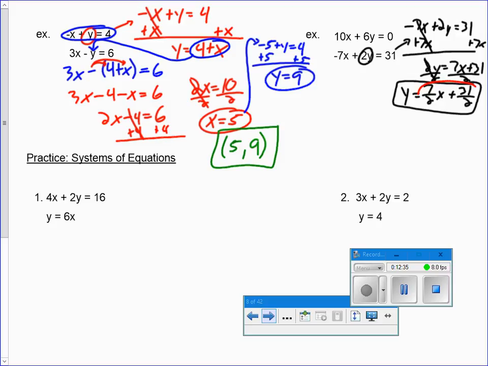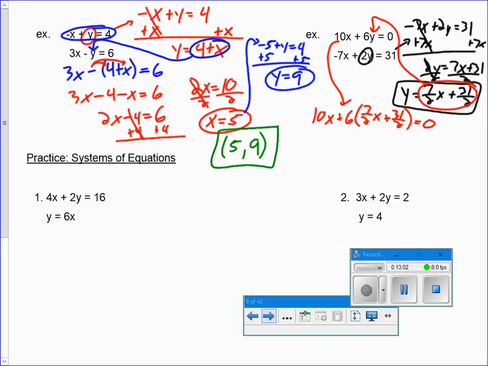So now I'll take this expression, I'm going to substitute it in for y in the second equation. So same process we did before. These numbers aren't quite as nice, but it's still the same process. So here, as we're multiplying, we're distributing through the parentheses.